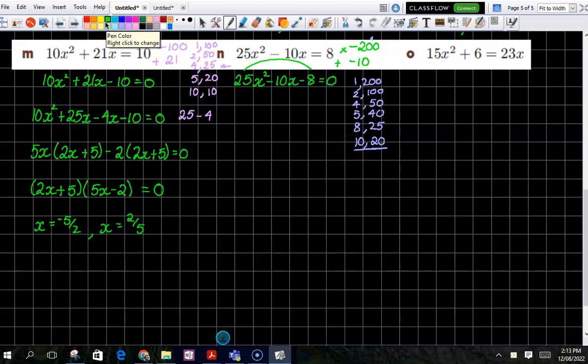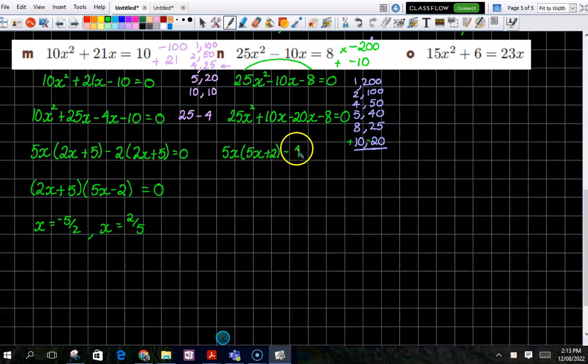Let's see if that works. So it would be positive and minus. Okay, so we're going to have 25x squared plus 10x take 20x take 8 equals 0. Common factor, 5x. It's going to be 5x plus 2.